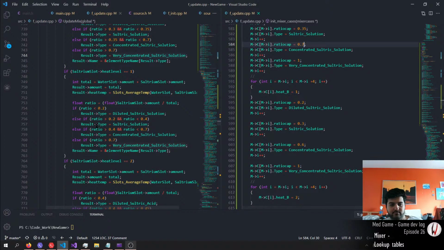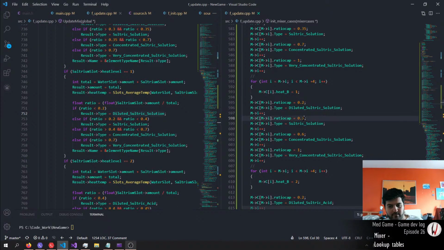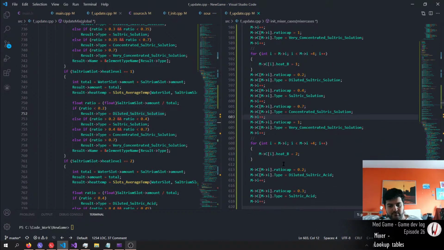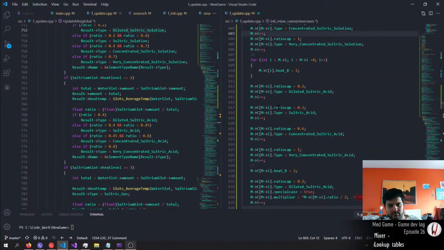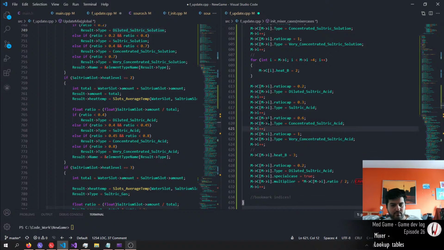Level is 1. 0.2, 0.4, 0.7, and 1. 0.4, 0.45, 0.8, and 1.